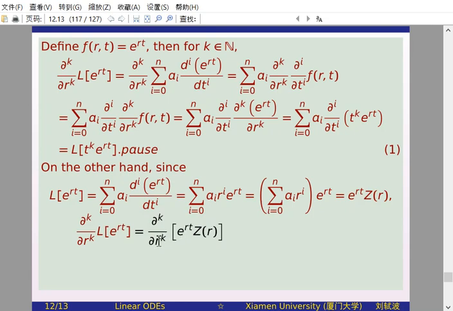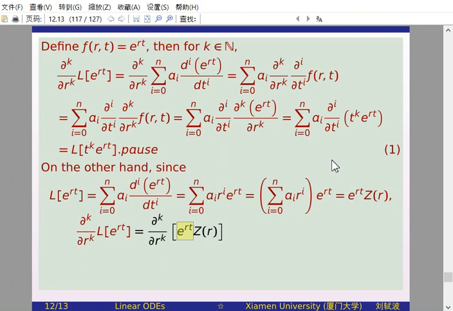Because we are differentiating with respect to r, we can consider t as a constant. So e^{rt} is a function of r, and Z(r) is also a function of r. Therefore, this is precisely the k-th order derivative of the multiplication of two functions. So from calculus, we have the Leibniz law. We already used the Leibniz law in our previous lectures.